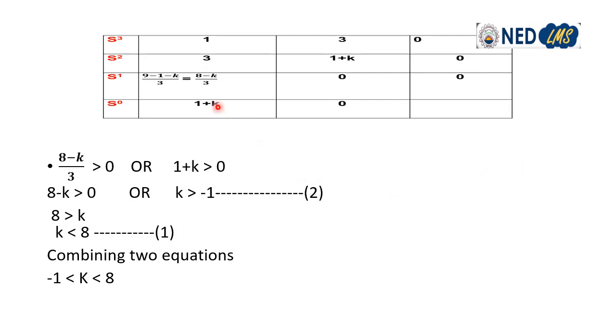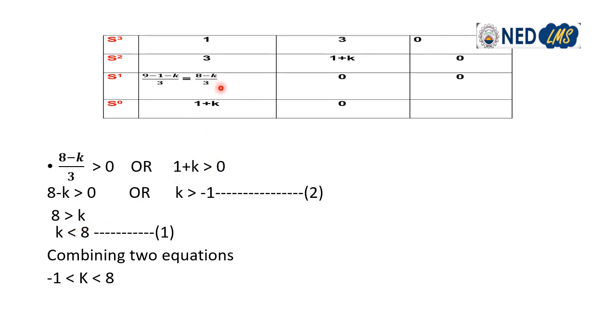So we have written here from the Routh table that 8 minus k upon 3 is greater than 0, and 1 plus k is greater than 0. So when we simplify this, we get that 8 minus k upon 3 is greater than 0, so 8 minus k is greater than 0, or alternatively we can say that k should be less than 8.